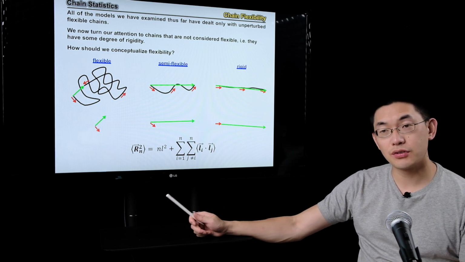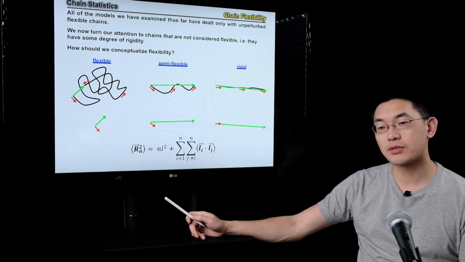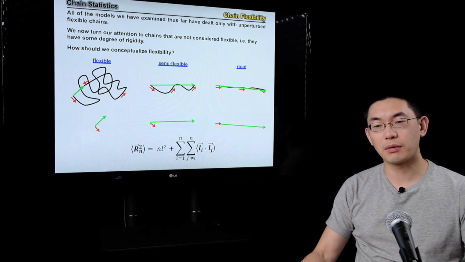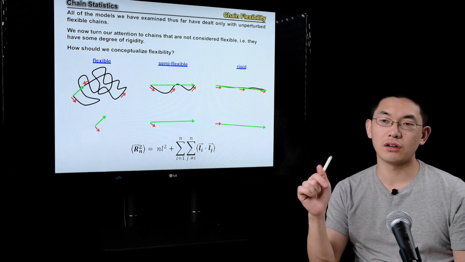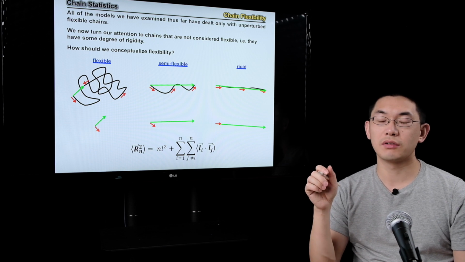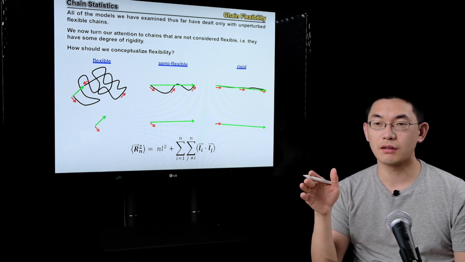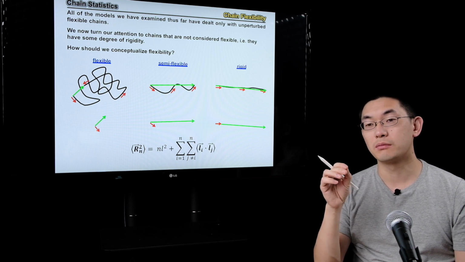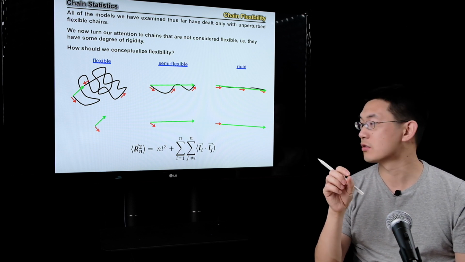And I have already introduced at the beginning of this lecture that end-to-end distance actually is not a good parameter to focus on when you discuss the rigidity of the polymer chain. We want something deeper, more insightful, and more interesting.